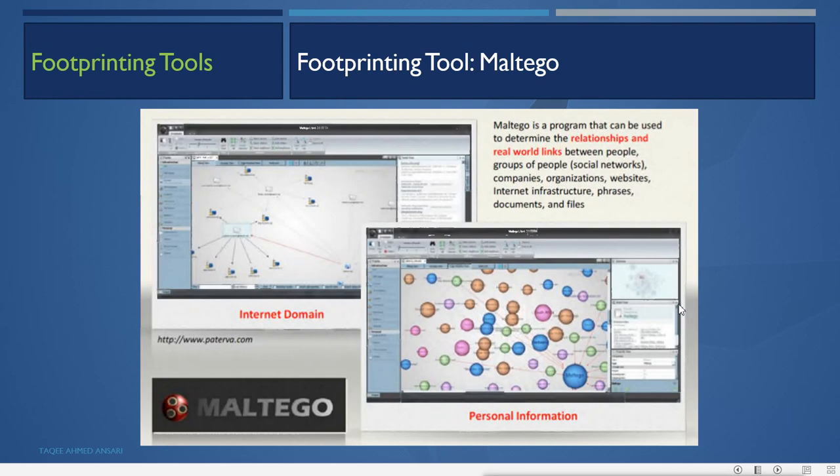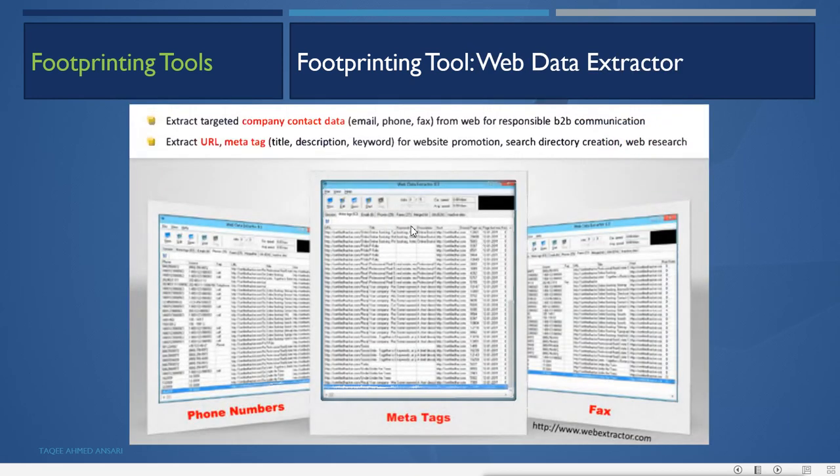Then we have another tool, which is Web Data Extractor. What does this tool do? It extracts the target company's contact data, email, phone number, fax number from the web for responsible B2B communication, business to business communication. It extracts URL, meta tag, title, description, keywords for website promotion, search, directory creation and web search.